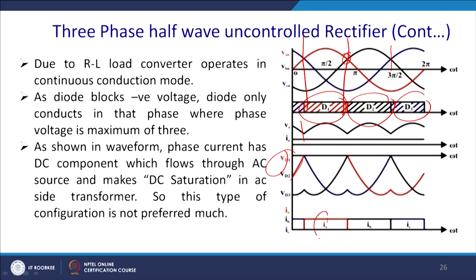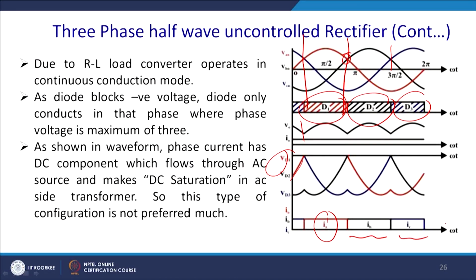So, phase A or red phase will conduct for pi by 6 to 150 degrees, for another 120 degrees phase B, and another 120 degrees phase C. Thus, due to the RL load, the converter operates in continuous conduction mode if you assume that the load current is quite high.